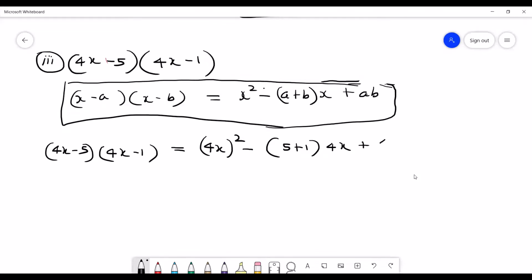So a is 5 and b is 1. See, minus 5 into minus 1 is plus only, so that is why this equation came so. Then 4x square means 16x square minus 5 plus 1 is 6, 6 into 4x means 24x, plus 5. So this is 16x square minus 24x plus 5.